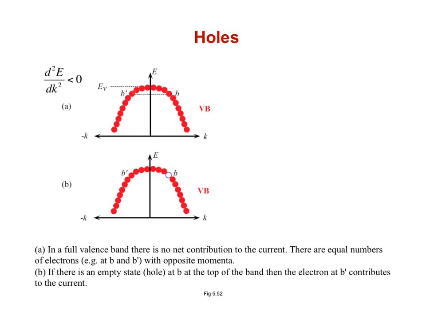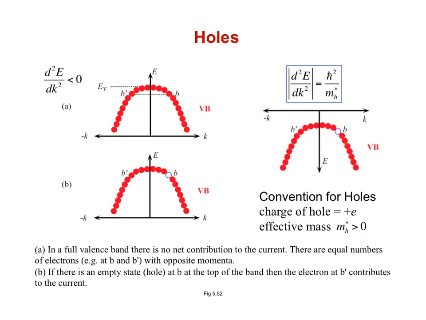Because the curvature of the valence band is downward, the second derivative of energy with respect to k is negative. This would normally give us a negative effective mass. For holes, though, the convention is not to think of the effective mass as negative, but to invert our E versus k diagram to retain a parabolic dispersion relation.